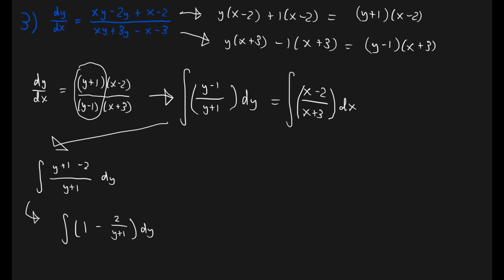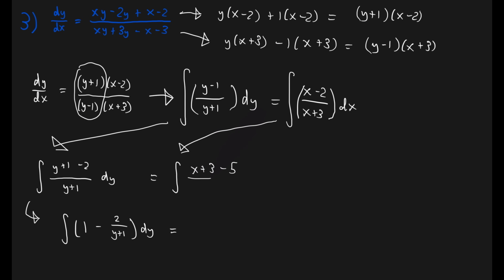And with regards to the right side, we do the same thing. So what would we do to get the x minus 2 on the top to match the x plus 3 in the denominator? Well, let's just write x plus 3 and see what we need to do to set it back to x minus 2. So this would be the same as the integral of x plus 3 minus 5, because 3 minus 5 is negative 2.